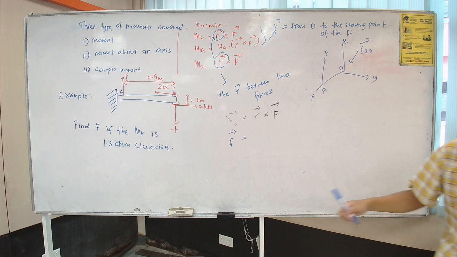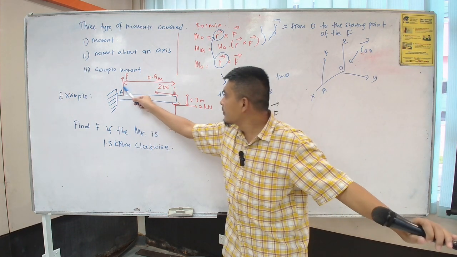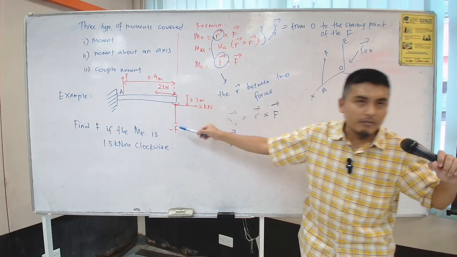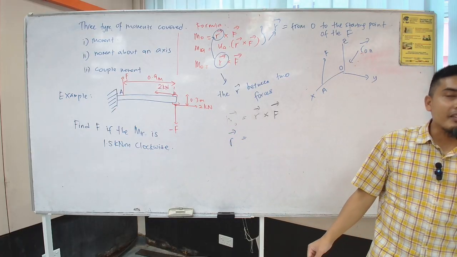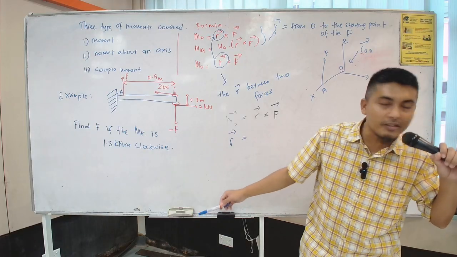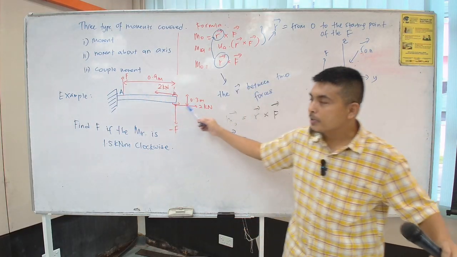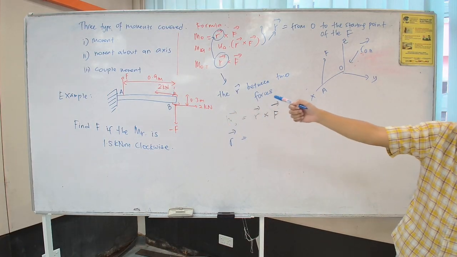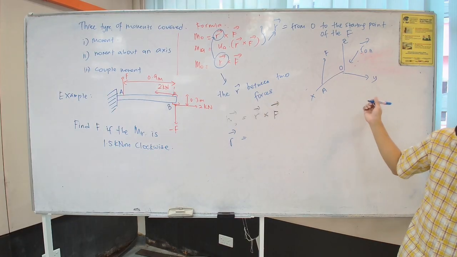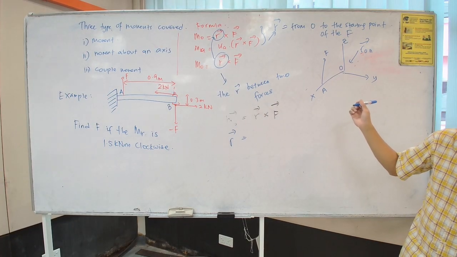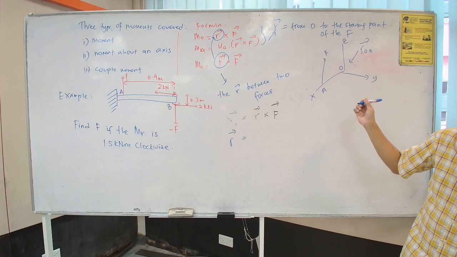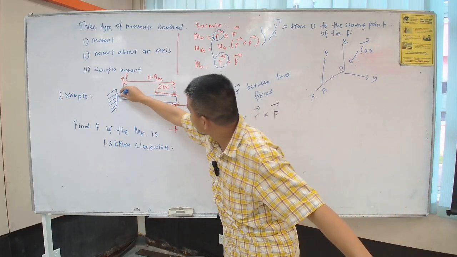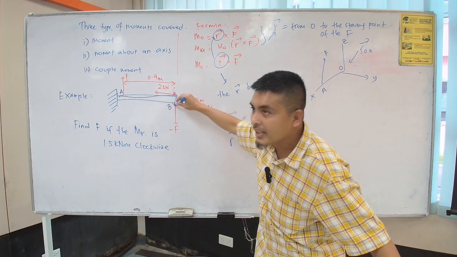So this is our first force and this is our second force. So what is the R between these two forces, from A to B? Firstly, it travels how much? 0.9 at the X or Y direction? Firstly, it travels here, and then it travels down.